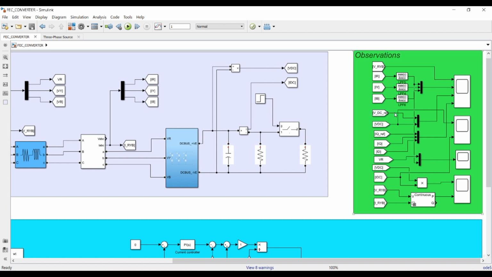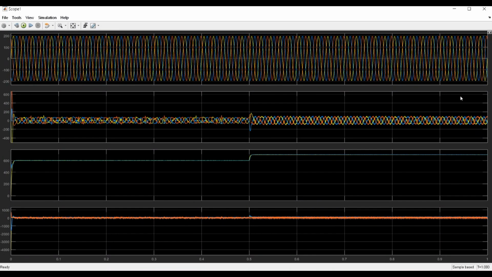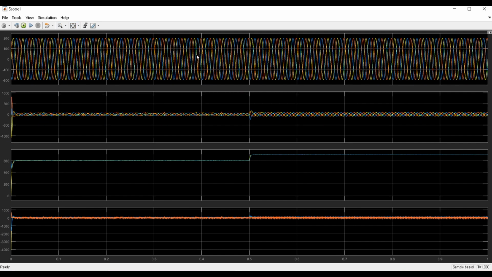Now let us go through the result. So this is the VDC reference, and this is the VDC. So in the third of this one, you can see that this is our voltage, and this is the current.